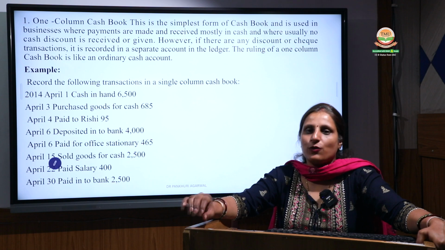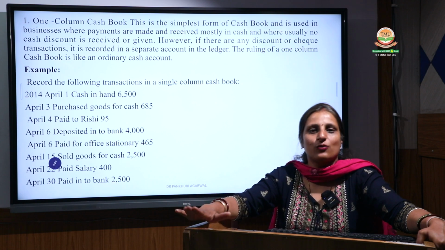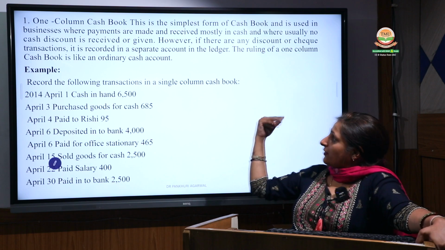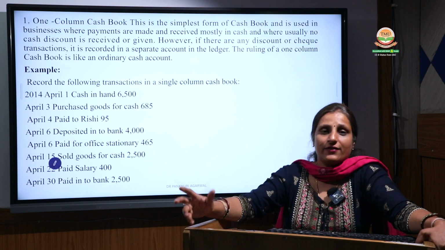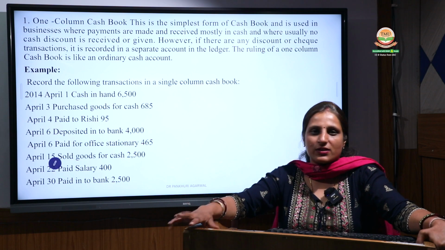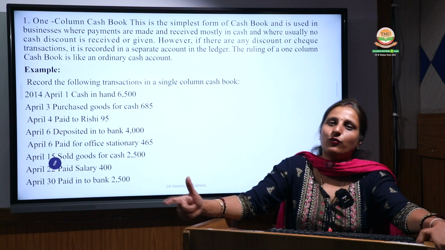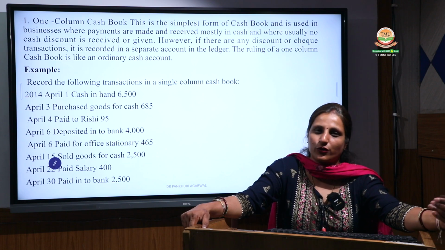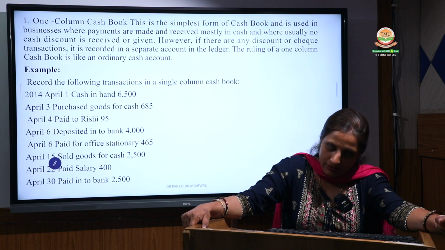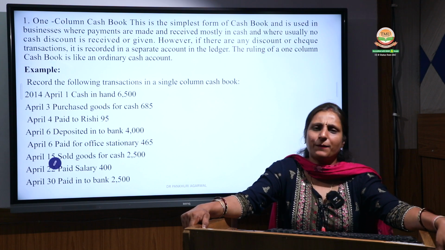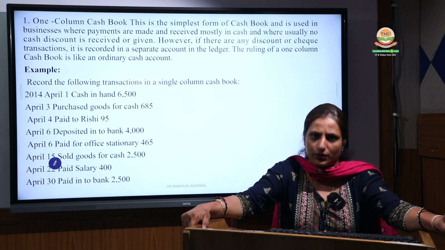Simple cash account means it only posts the entries in which there is no discount, and nothing related to discount is received or given. If the entries are very simple, there is no discount involved, or you want to only record the entries related to the cash, what you have received and what you have paid, and you don't want to record the discount, then you prepare your cash account as a single column cash book.